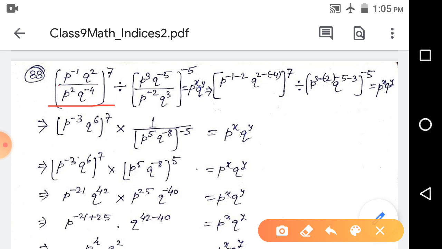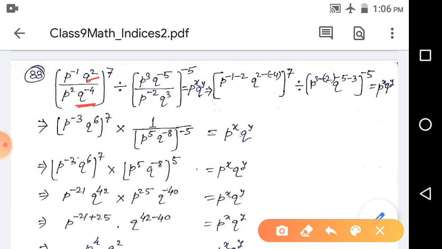Here we have p to the power minus 1 and p squared. Since p squared is divided, the exponents are subtracted. This is only for p. Now see for q, for the first term. Here we have q squared and q to the power minus 4.